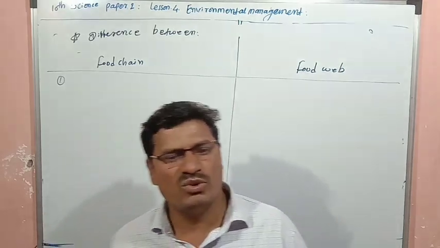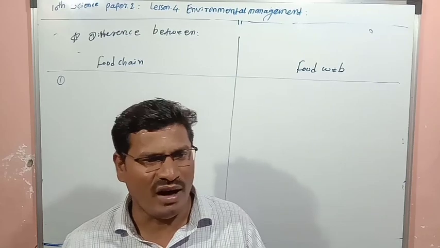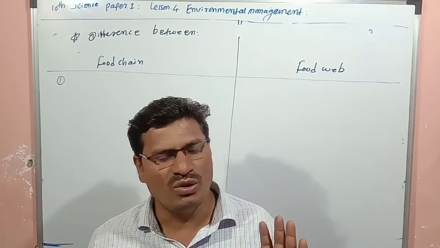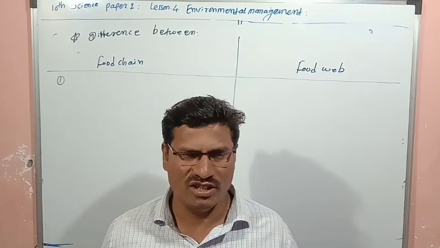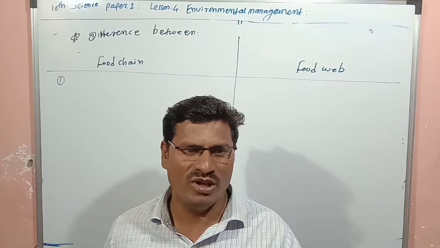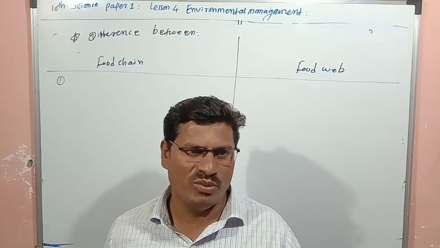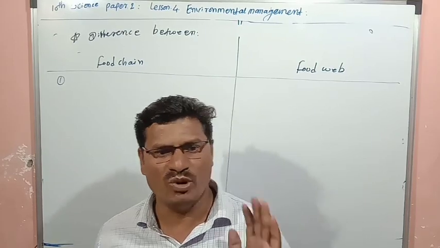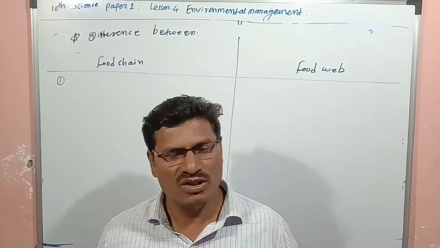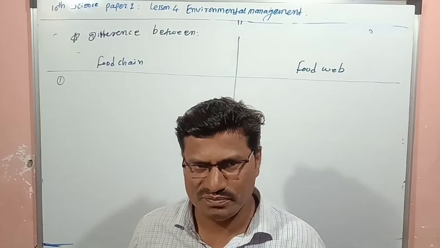Second point: in case of the food chain, members of a higher trophic level depend on the lower trophic level, on a single type of lower trophic level. So what is meant by trophic level?